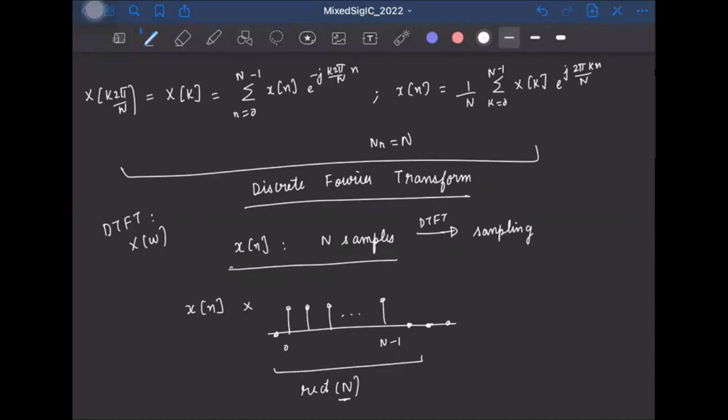Okay. So what we are doing is taking the discrete time Fourier transform of this signal, x of n times rect of n, and then sampling the discrete time Fourier transform of this, right?